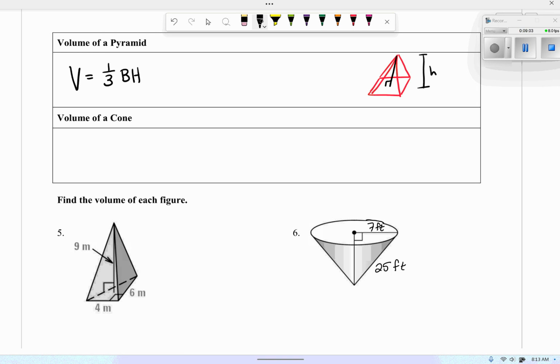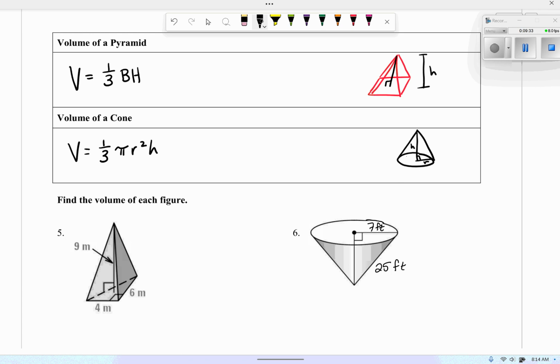And the volume of a cone, so cone has a circular base, and goes up. So this is the height, and this would be the radius. And the volume of the cone is equal to 1/3 the base times the height as well, but the base is a circular shape, so that would be pi r squared times h.